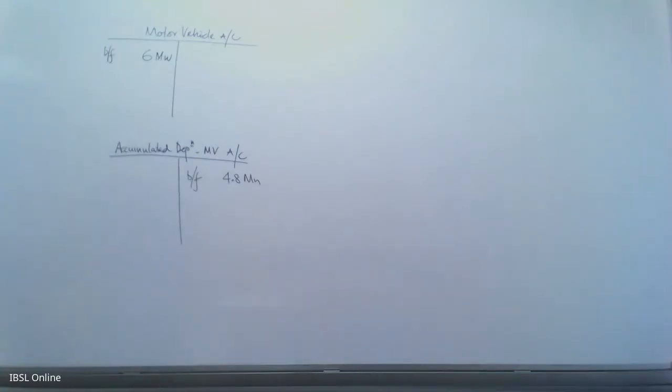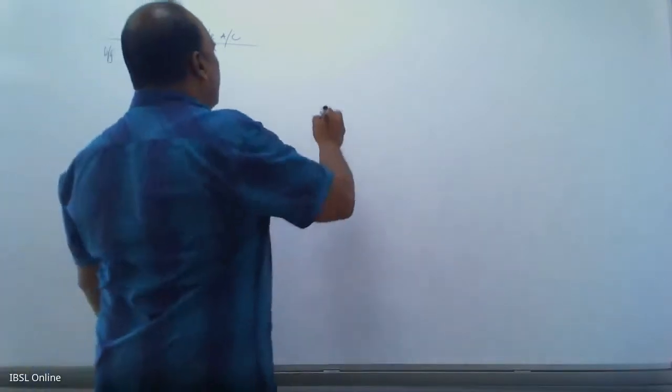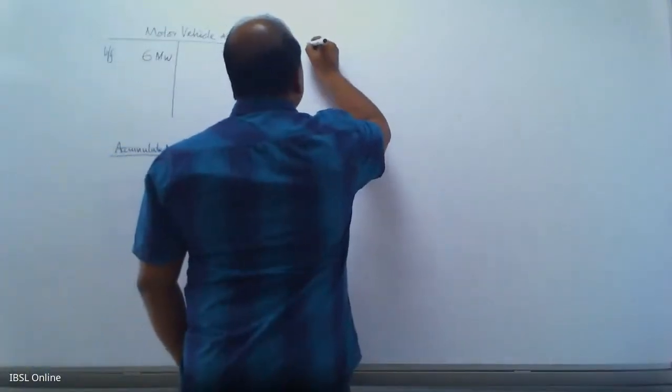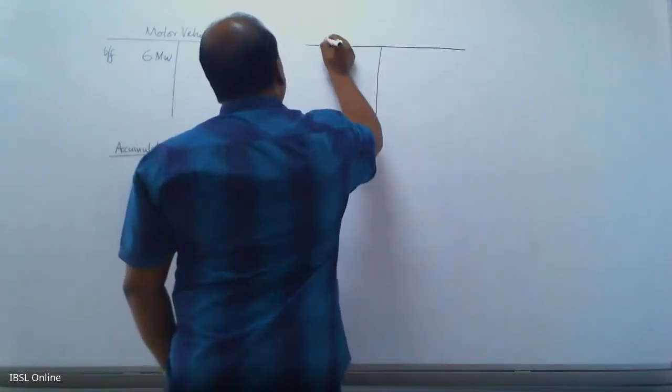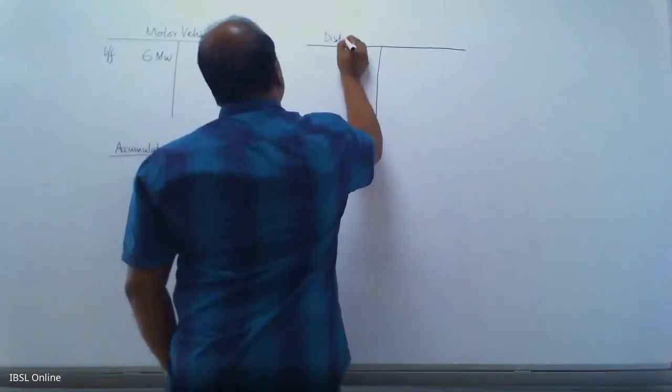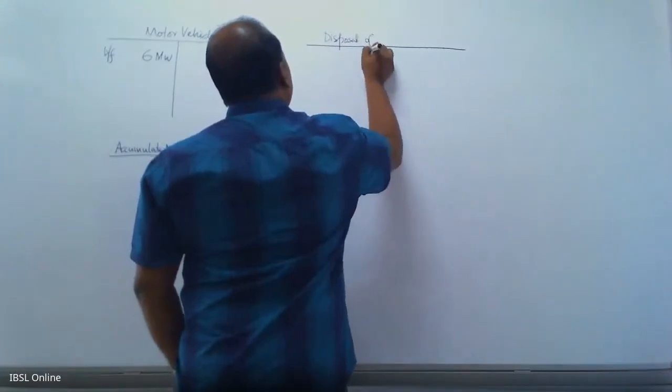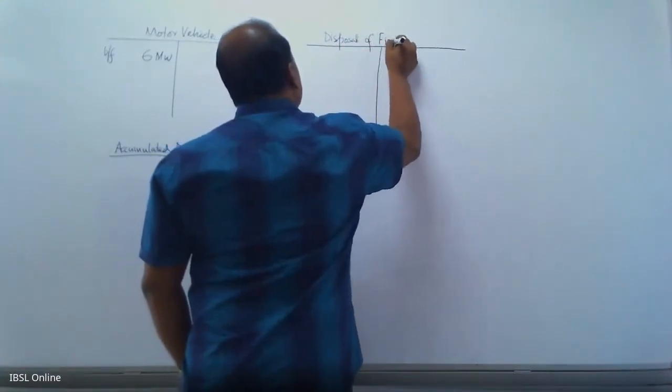Now what is going to happen? You are going to sell this asset and you need to remove it from your books. That is what is important. For this purpose, we open a new account called disposal of fixed assets.